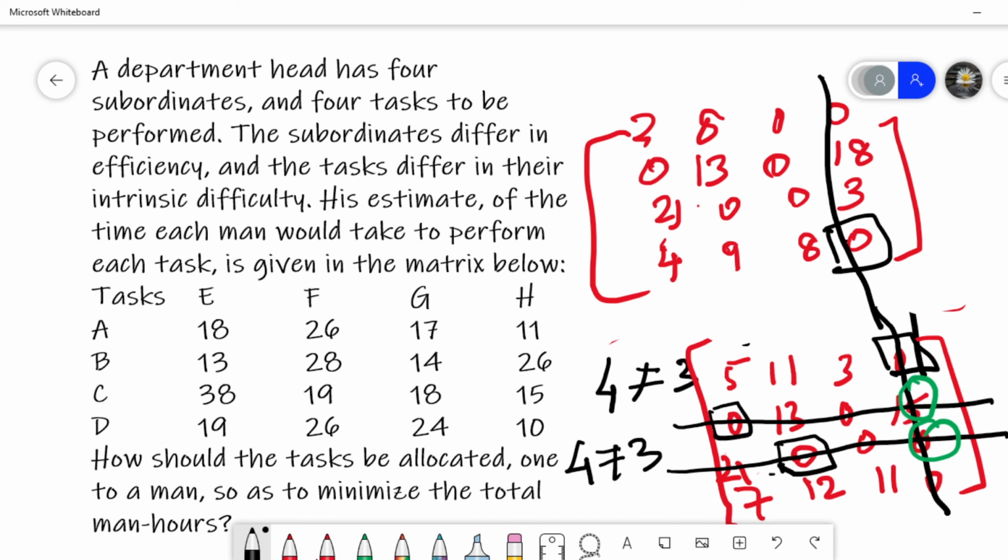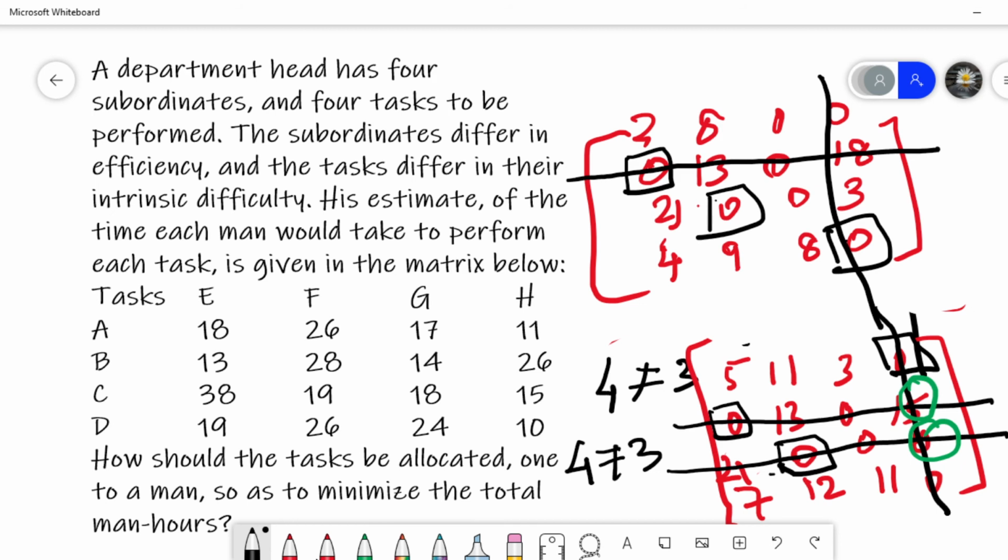So we are going to do the column scanning. So in the first column we are having only 1 zero. Mark the 0 and draw the horizontal line through that 0. Okay. Then in the second column we are having only 1 zero.